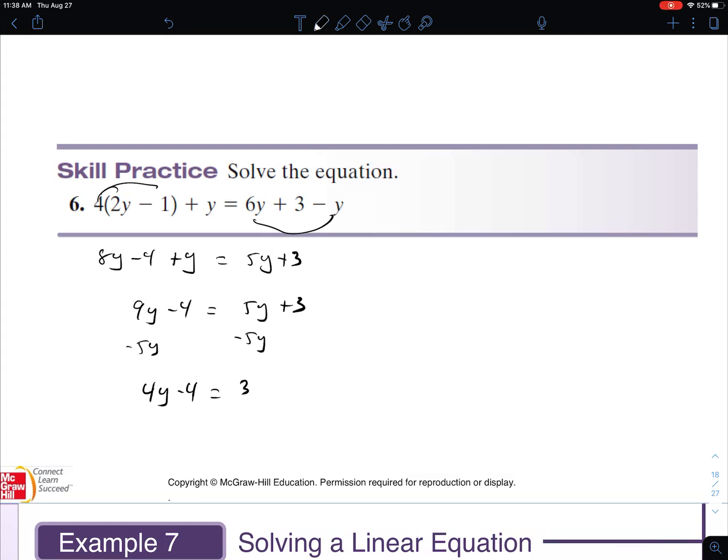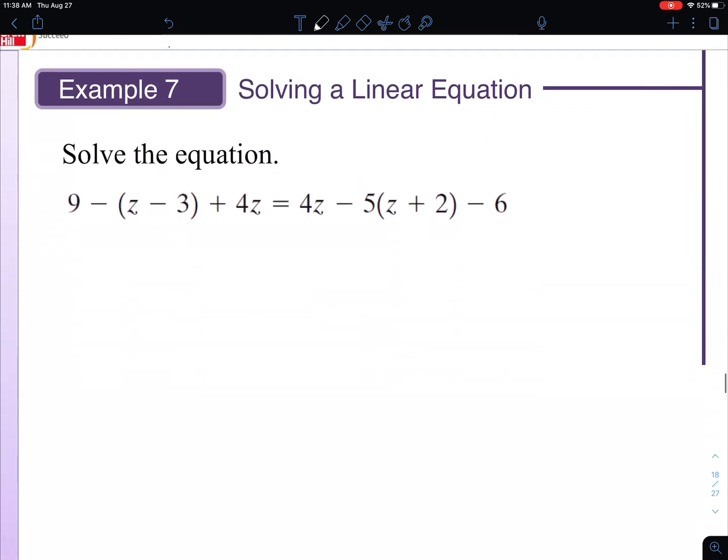Oops, sorry, I'm going to add the 4 to both sides, which will give me 4y is equal to 7, and then I divide both sides by 4, so I get 7/4. Let me write that a little better. So y is equal to 7/4.